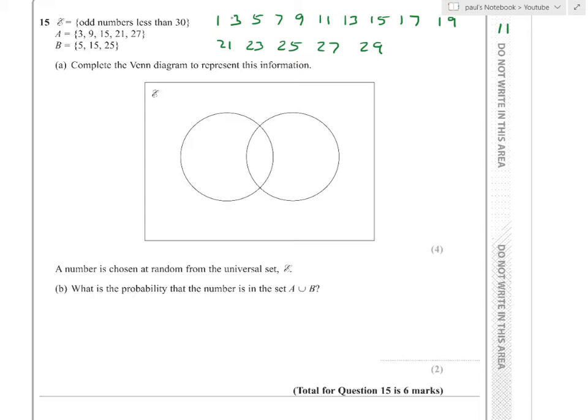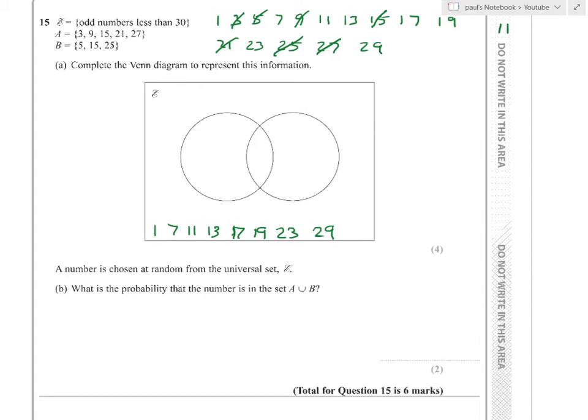So let's do that. We've got 3, a 9, a 15, 21 and 27. Remember the other one. 5, 15, oh, got that twice, and 25. So all these numbers remaining will go down the bottom, which is 1, 7, 11, 13, 17, 19, 23, and 29.